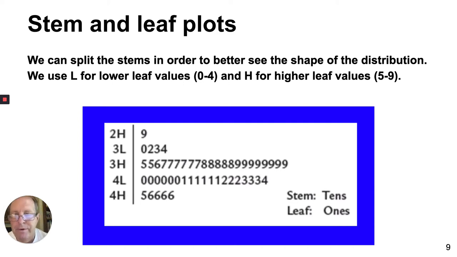But not all authors do that. They might just have 2, 9, 3 with 0, 2, 3, 4, and the next would be 3. They would do it without the H's and L's. But now, because I've divided the lower and higher leaf values, I have a graph that shows better what that distribution looks like. So that's one way of handling that problem.